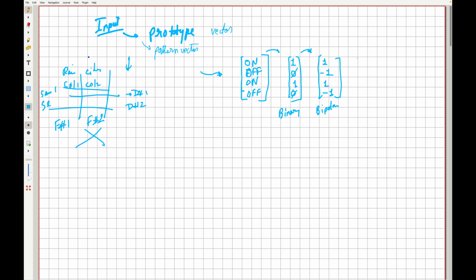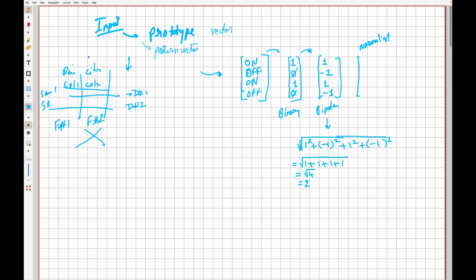And we could also have input vectors that are normalized. Let's say we take this input vector and get the norm of it. We would take 1 squared plus -1 squared plus 1 squared plus -1 squared, which turns out to be 1 plus 1 plus 1 plus 1 equals the square root of 4, which is equal to 2.